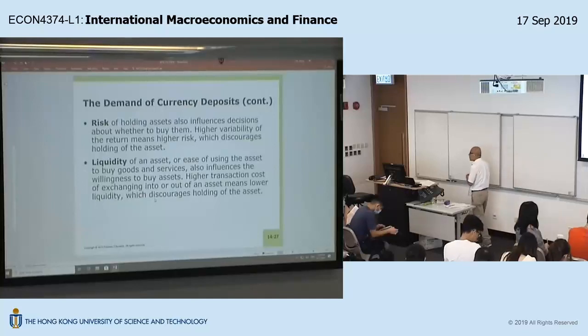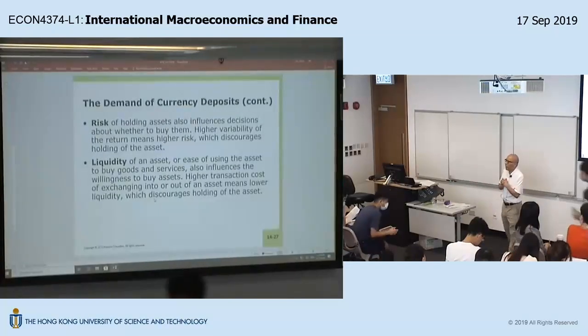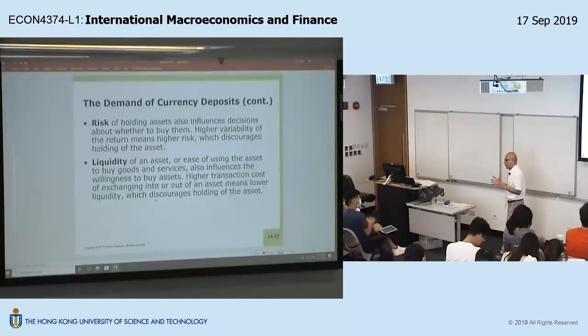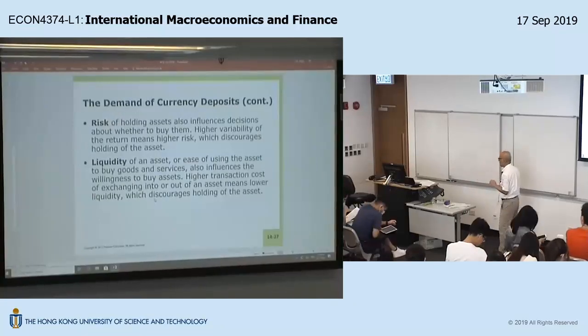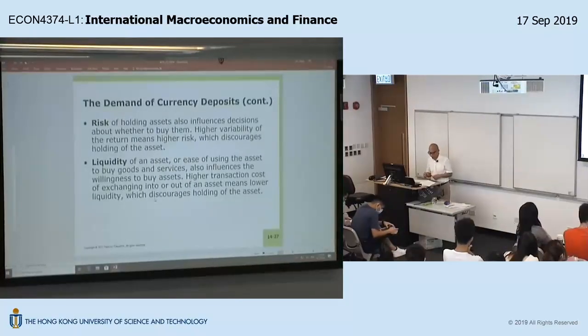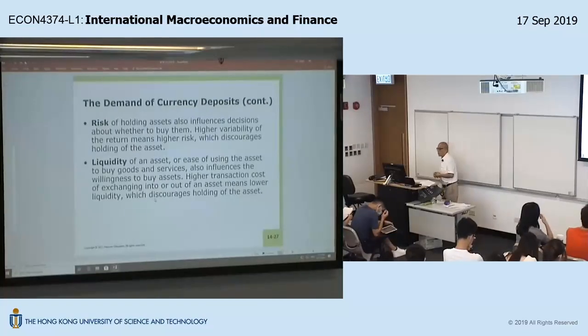Basically, we're going to derive an equilibrium condition such that investors are indifferent between holding all the different currency deposits. So what is the demand for currency deposits? First of all, we have the rate of return, and secondly, we have to worry about risk and liquidity. So risk and liquidity are important.